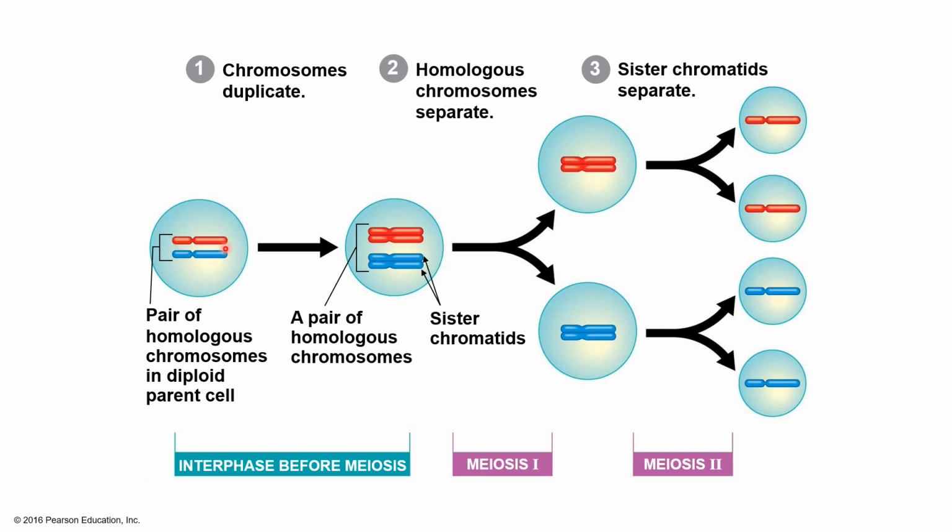The different colors just represent chromosomes from your mom and chromosomes from your dad. As we said, these chromosomes would have to duplicate during the S phase of interphase. So as you can see, now each one has its sister chromatids.